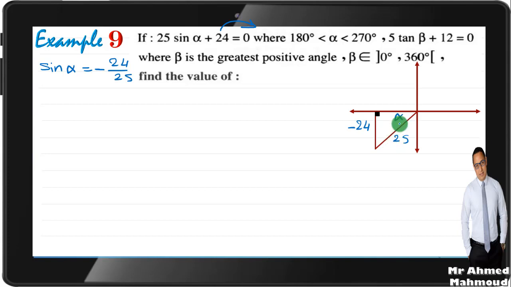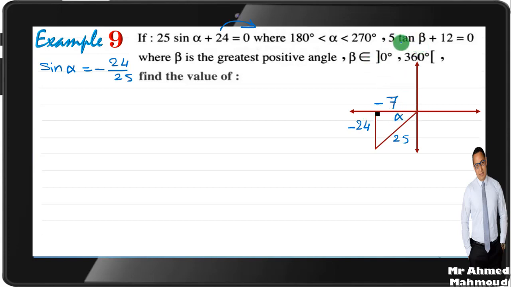So I can find the adjacent. Square root of 25 to the power of 2 minus open bracket negative 24 all to the power of 2 equals 7. But here this line segment is the negative direction of the x-axis, so it is a negative sign. Okay.